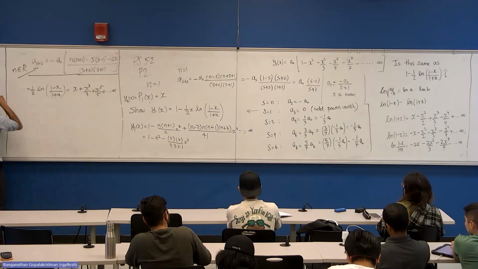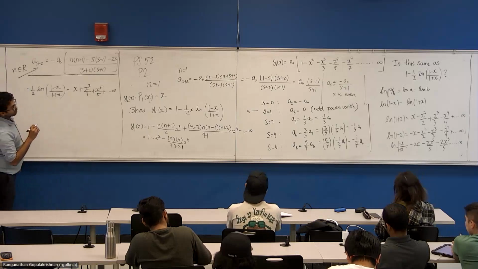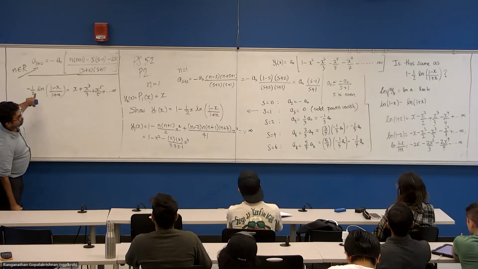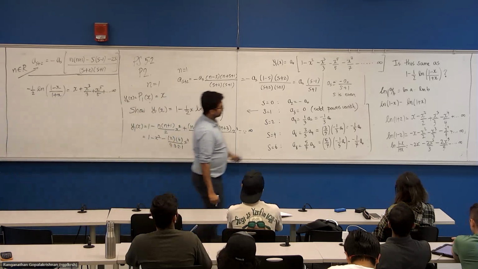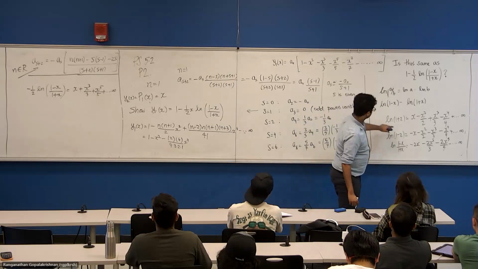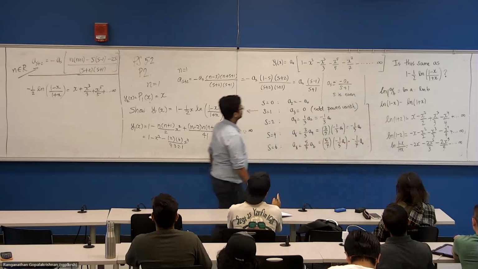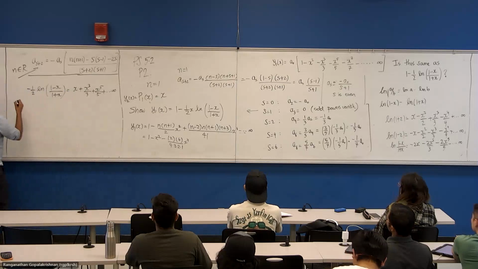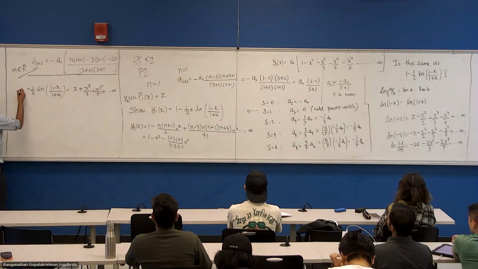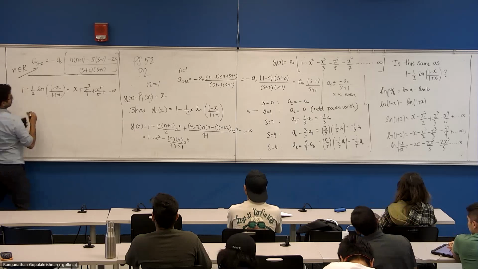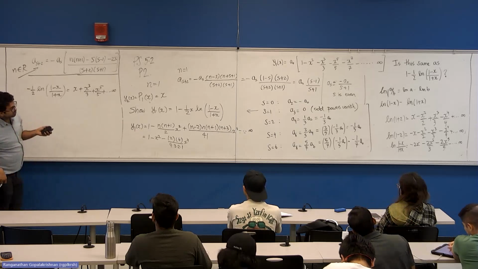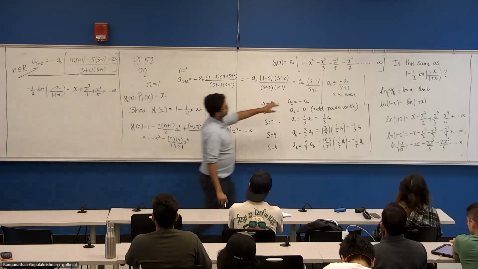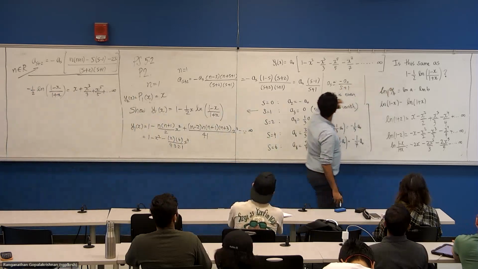And finally, I want to add 1. So I want to add 1 to both sides, right?